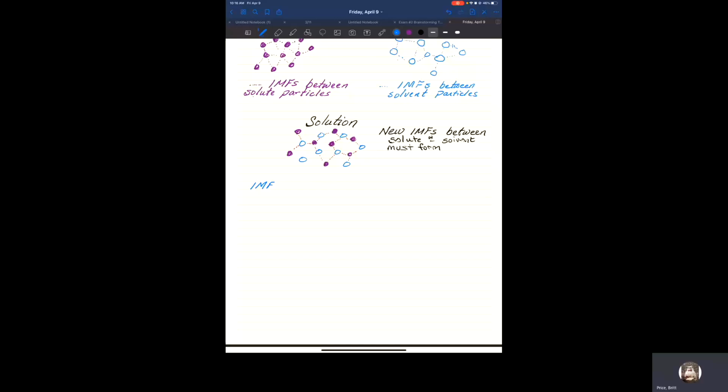They all are concurrent. So IMFs between solvent particles are overcome.